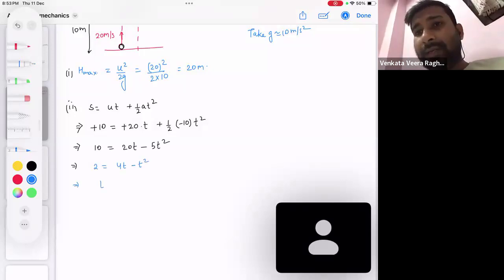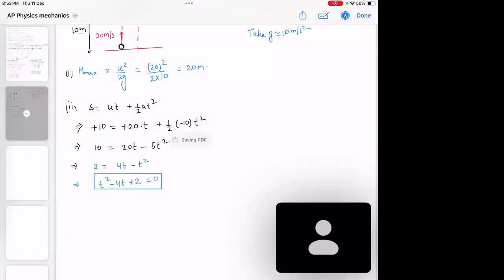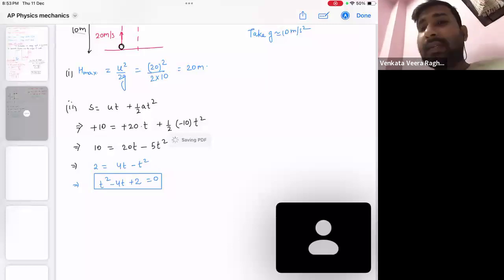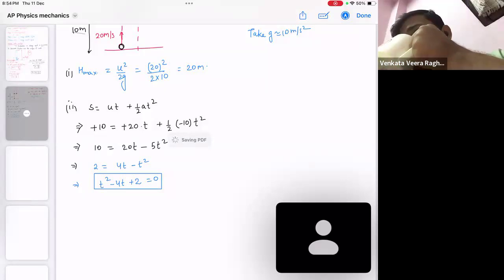So this is a quadratic: t square minus 4t plus 2 equal to 0. We'll get 2 plus or minus root 2. Now we are going to get two solutions of this quadratic equation, isn't it?